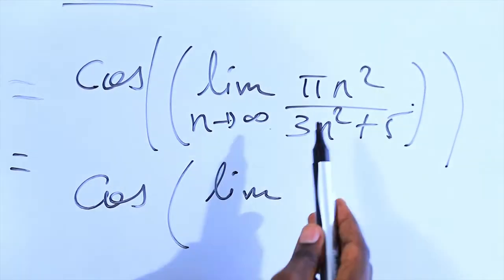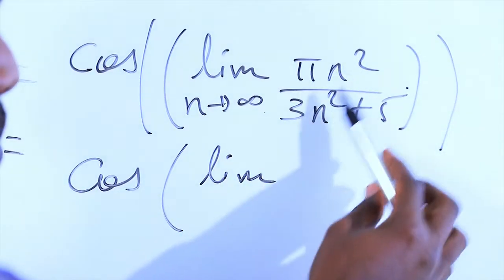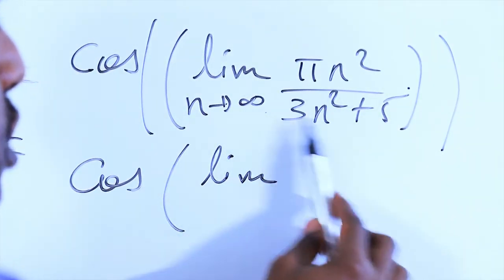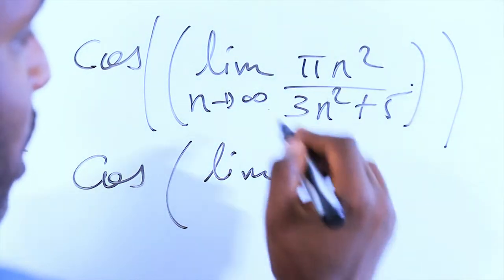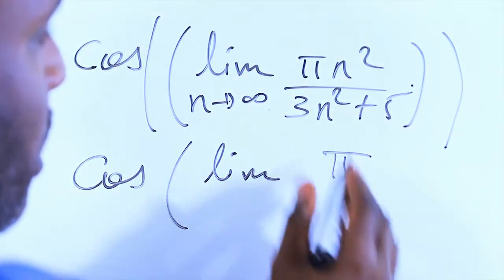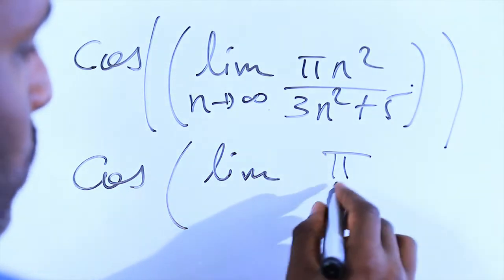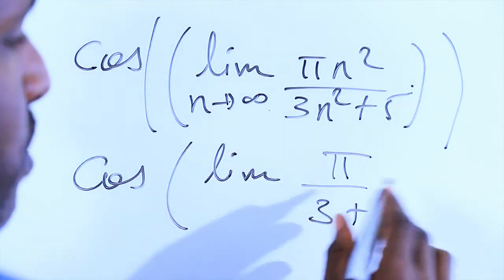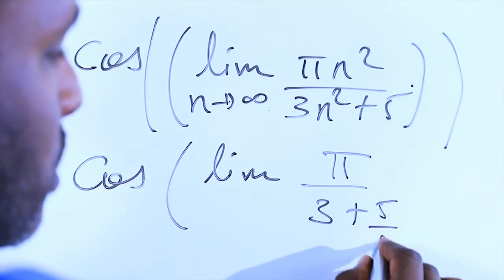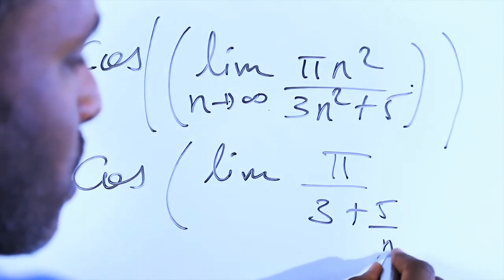When we divide every term by the highest degree of the denominator, here pi n square divided by n square gives pi, and 3n square by n square gives 3, plus 5 divided by n square, which is 5 over n square.